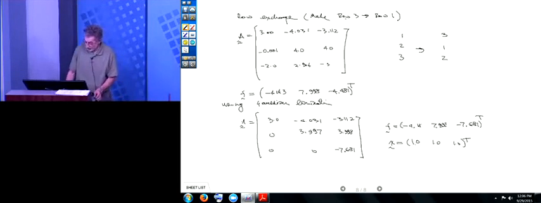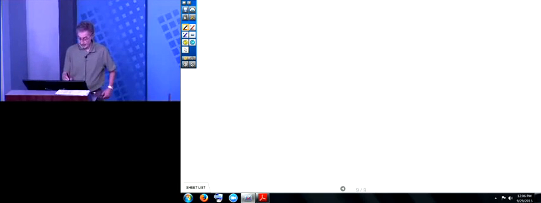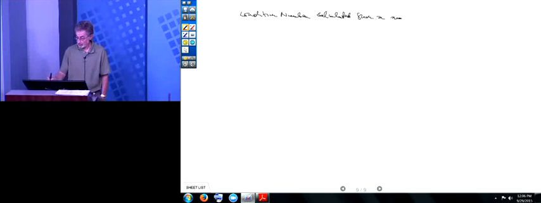Now, generally the way the condition number is calculated is from a norm, a matrix norm.